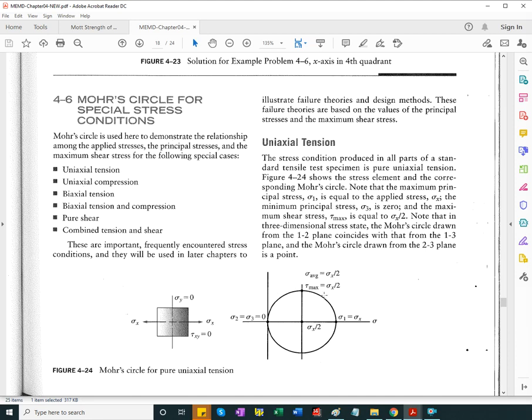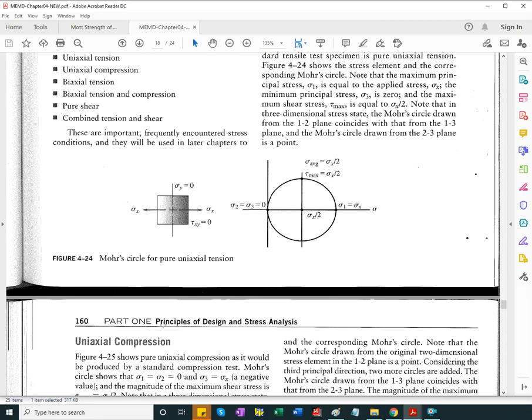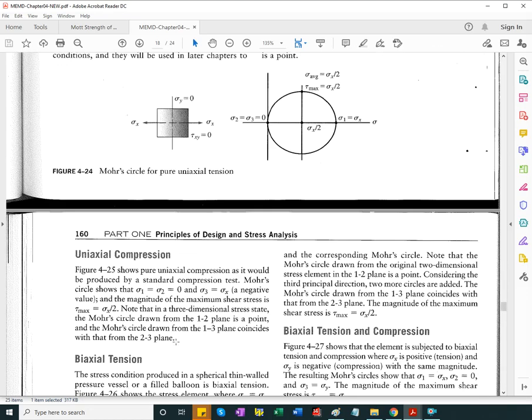That's sigma x divided by 2. This is how the circle looks. You can see they made it a 3D circle because both sigma 2 and sigma 3 are represented on the circle as 0. Again, sigma 3 is the normal stress in the z direction, which is inexistent if it's an element at ambient, 1 atmosphere pressure.